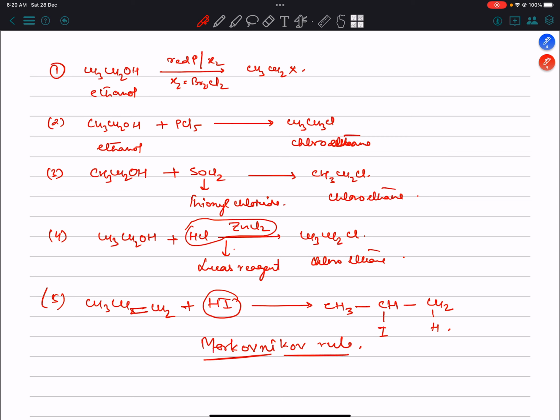What does Markovnikov rule say? It says that when there is an unsaturation, meaning a carbon-carbon double bond or carbon-carbon triple bond, then the negative part of hydrogen halide, that is this I, goes to that carbon which has less hydrogen, and the hydrogen goes to that carbon that has more hydrogen.